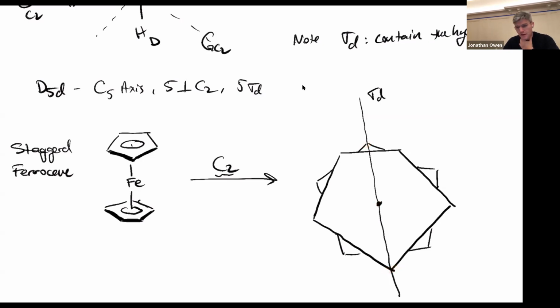They're going to send the bottom half to the top half, one point to the other point. And the C2s and the sigma Ds, turns out, bisect each other. So they go exactly through the crevices here. There are your perpendicular C2s.